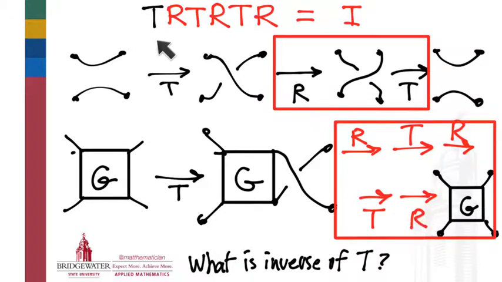When you write out that whole thing, T, R, T, R, T, R is another name for the identity. This gives us another clue to how the generators, the twist and the rotation, interact with one another. This is another way to create the identity out of a combination of twists and rotations.